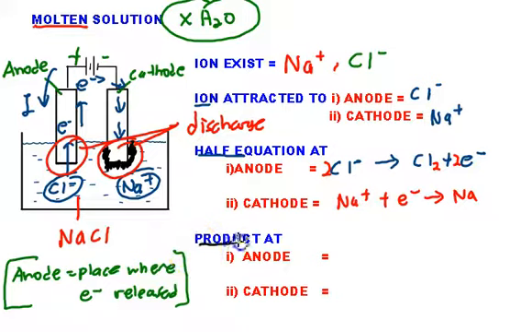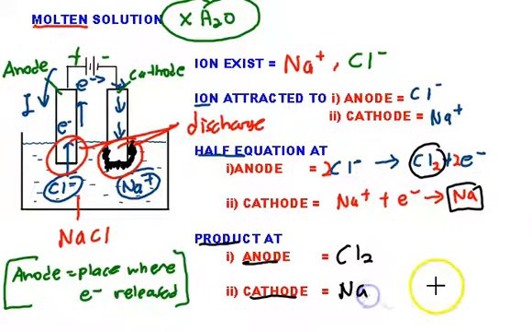Now the products at the anode and the cathode: as you can see, this one will form chlorine gas, and here you will have sodium metal. So I hope you understand molten solution.